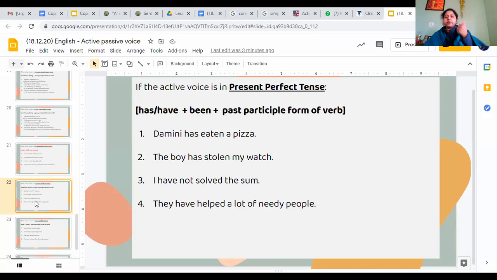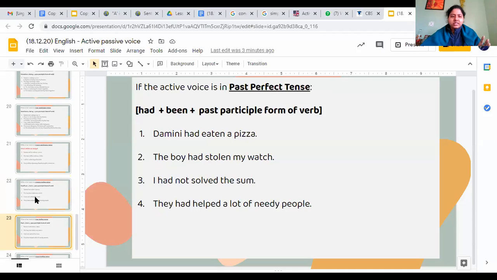Only 3 slides are left. Present perfect, past perfect and future perfect. These are easy sentences. I think we can push ourselves. The ones who are saying no, please have a little bit more faith in yourself. You will be able to do it. ठीक है? And they are just 4 into 3, 12 sentences. अभी 10 minutes more easily. ठीक है?